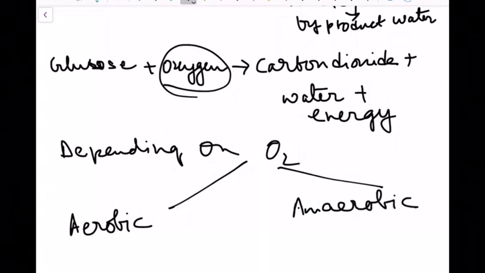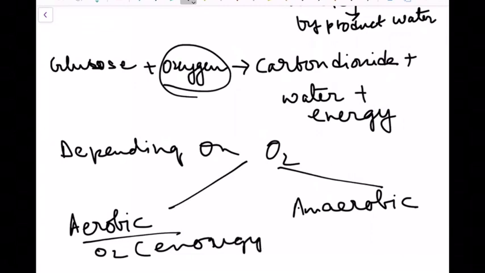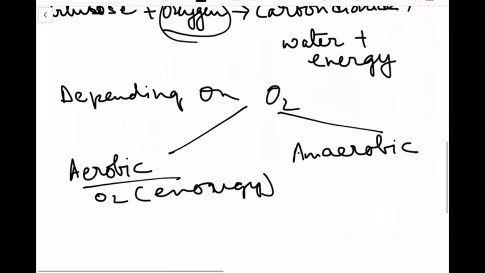In aerobic respiration, you have got enough oxygen. Normally, we are breathing in, breathing out, oxygen is normal. So at this level, what happens?